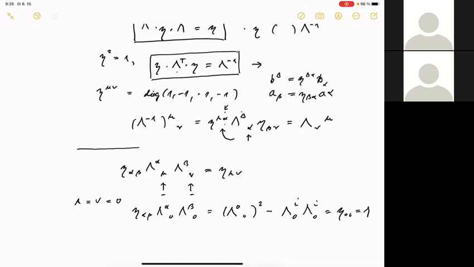So we have normalization of the 0th column of the matrix Λ.